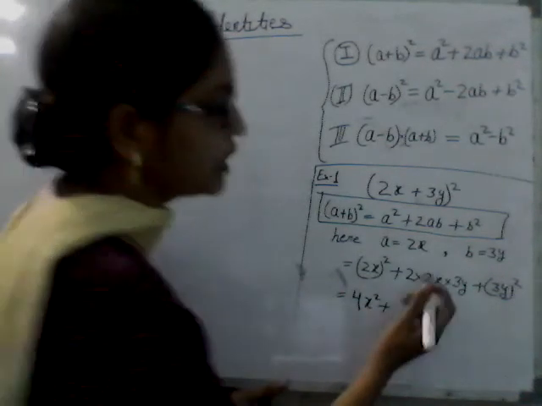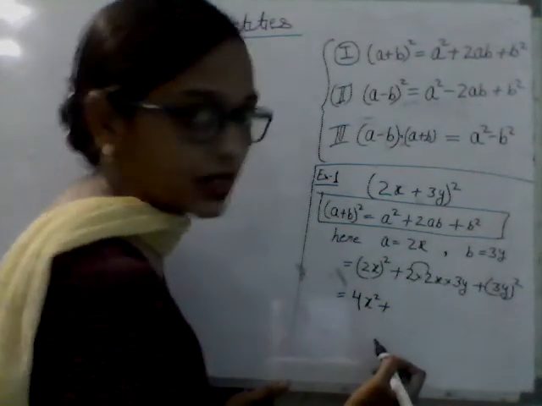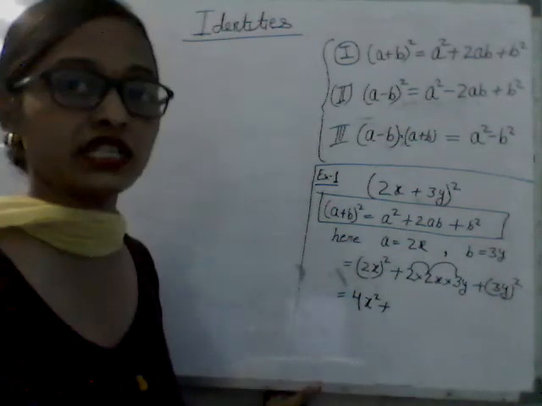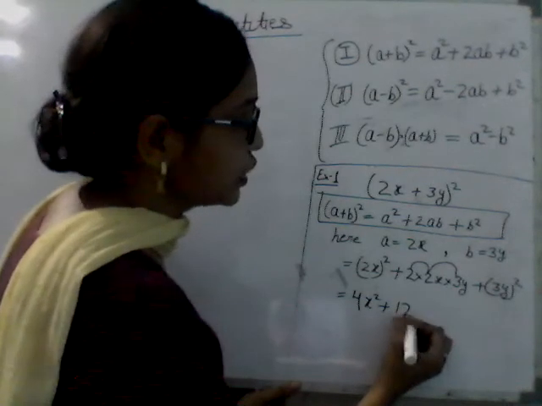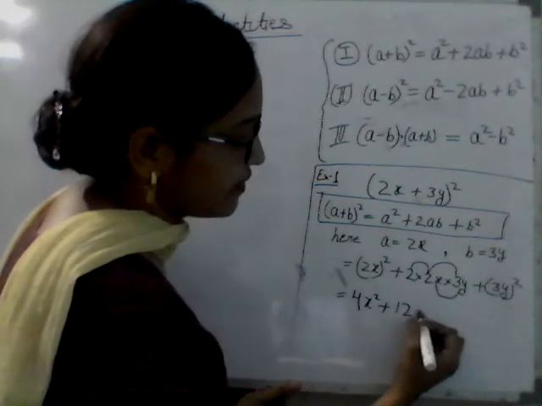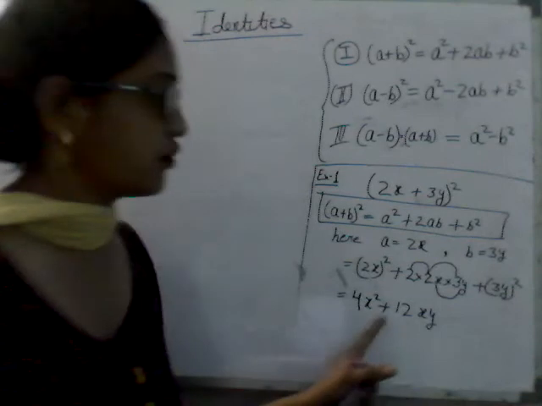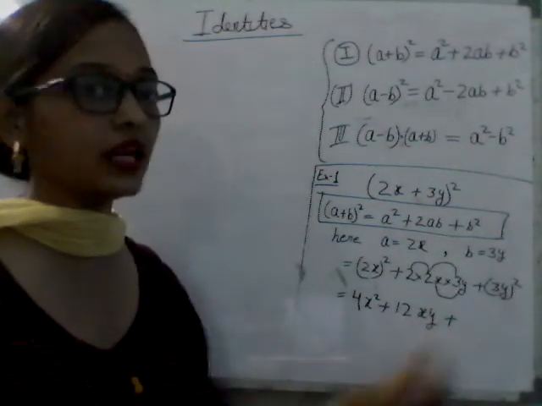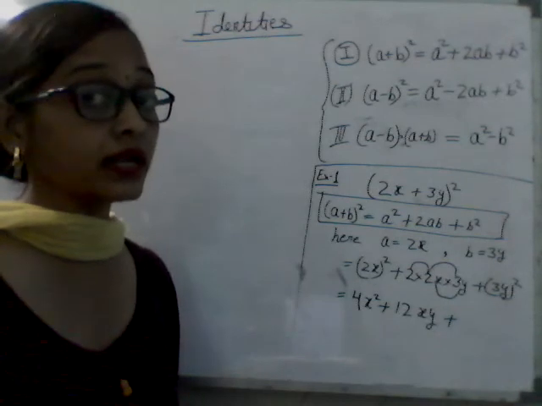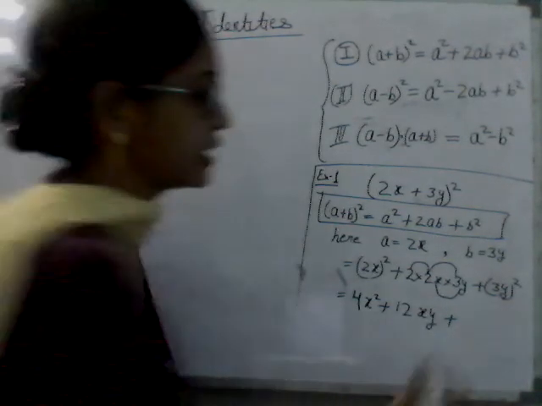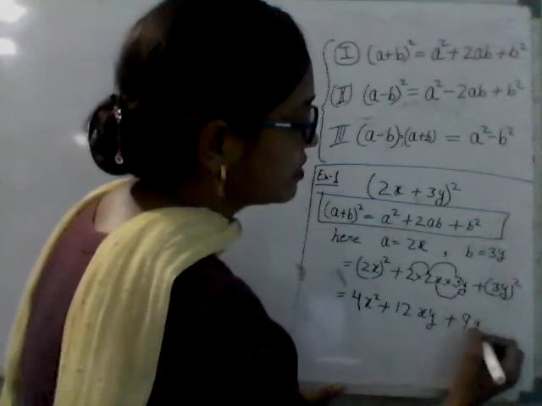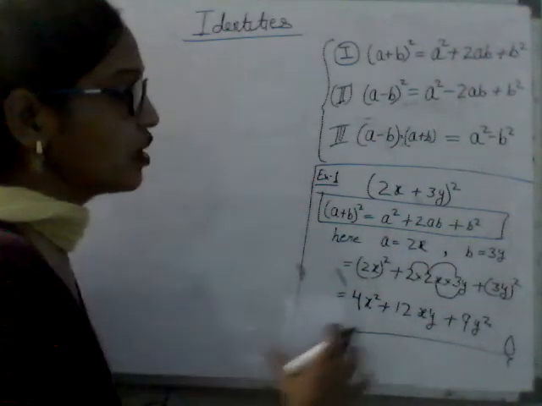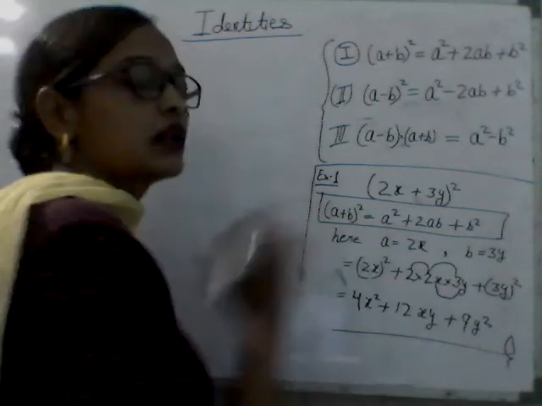Plus, we multiply all the numbers: 2 times 2 is 4, and 4 times 3 is 12, so 12xy, plus (3y) whole square, that means 3 square, 9, so 9y square. This is the expansion by using this identity.